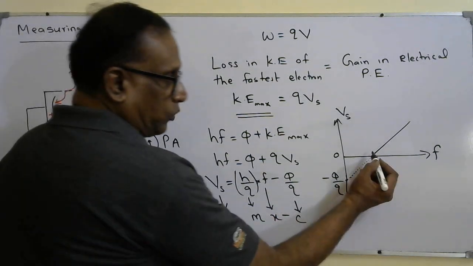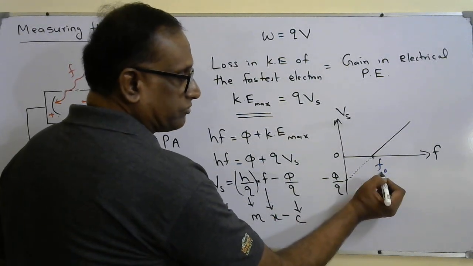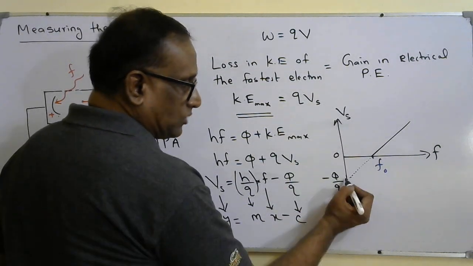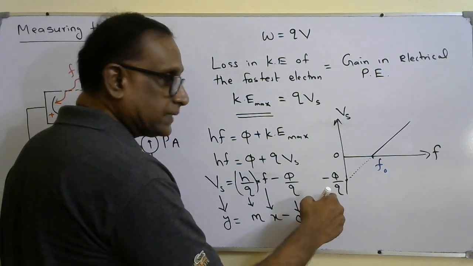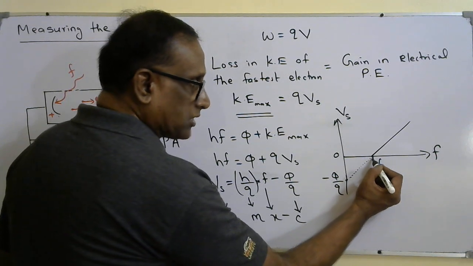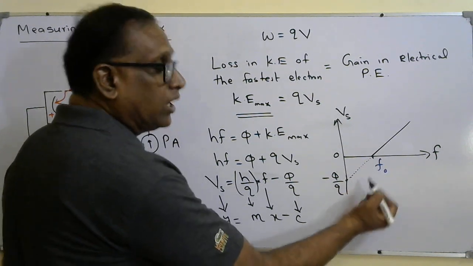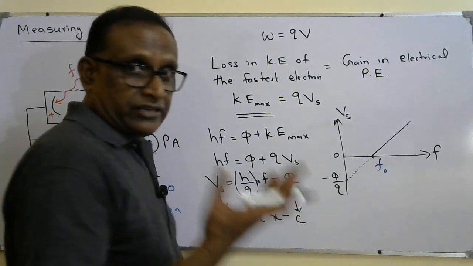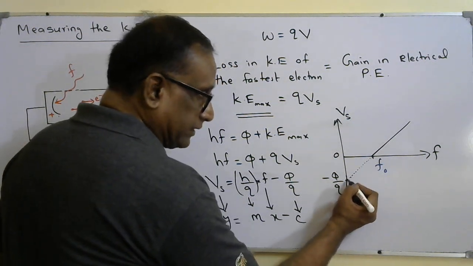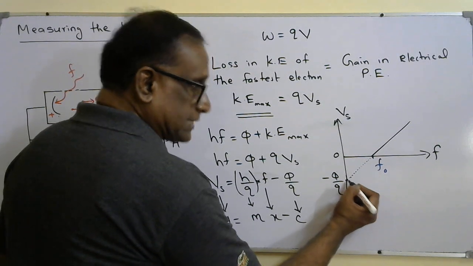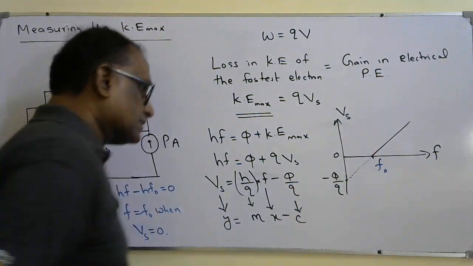So remember that where the graph cuts the x-axis is the threshold frequency, where it cuts the y-axis is minus work function over Q. Q is the charge of the electron. And there you can't draw a solid line because there is no data below the threshold frequency. There won't be any emission of electrons. So the only thing you can do is extrapolate, and intersect the extrapolated line with the y-axis.